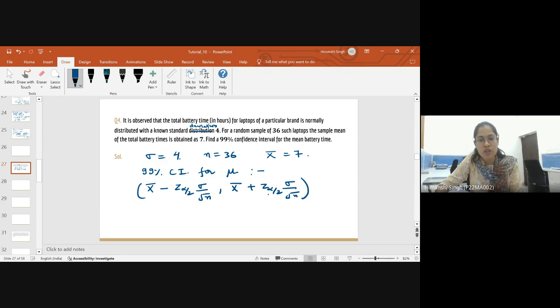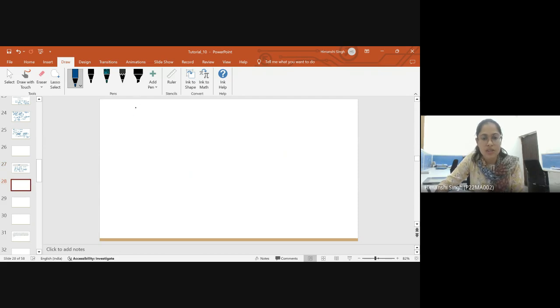Now we need to find the 99% confidence interval. So alpha will be 0.01 and alpha by 2 will be 0.005. Sigma we know, n we know, x bar we know. We only need to know z alpha by 2, which we need to calculate.